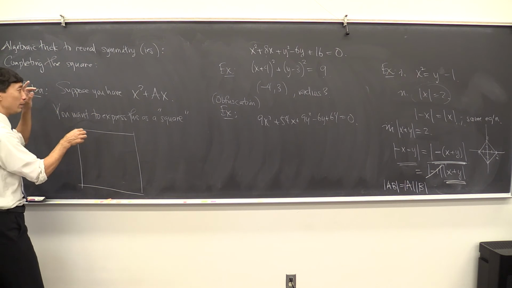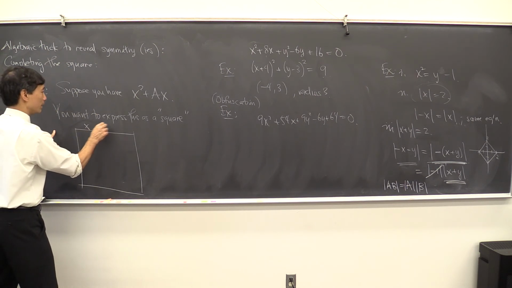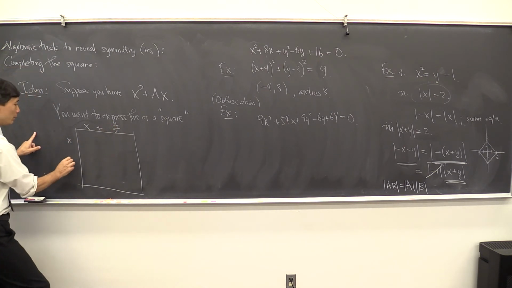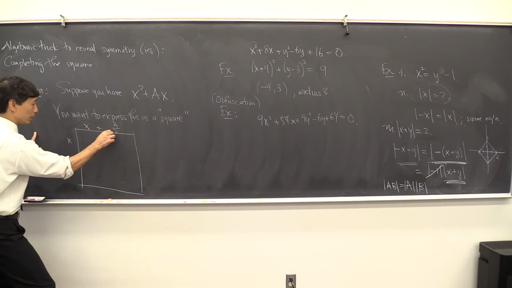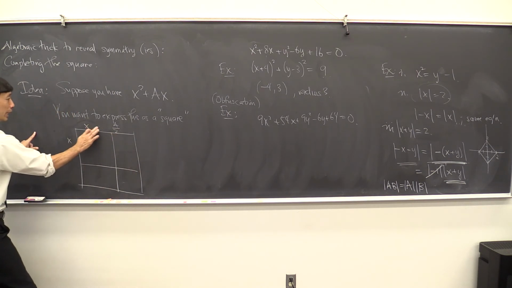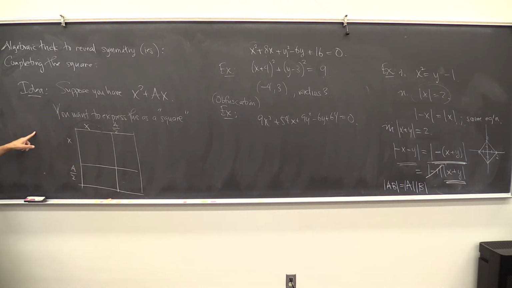If I have x plus a over 2, and I take it and multiply it by x. Let's draw this kind of picture again. Suppose I've got x and a over 2 and x and a over 2. Then what is this going to be?